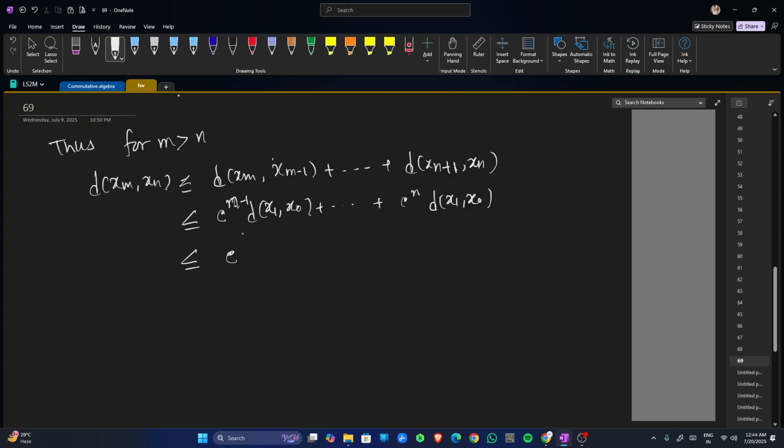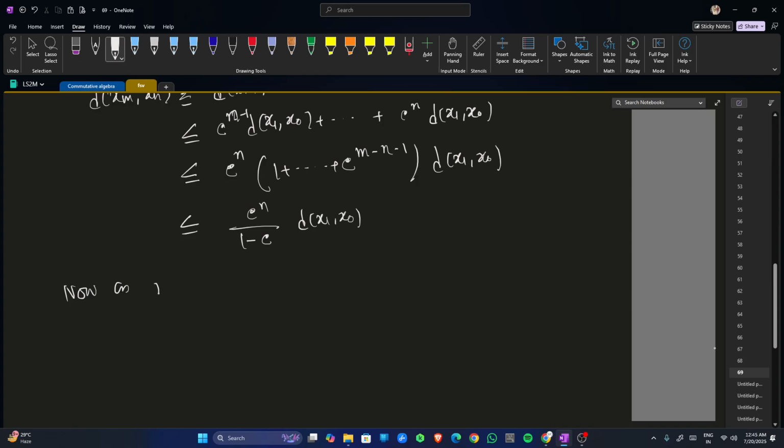If we take c^n common, this is c^n times (1 plus ... plus c^{m-n-1}), which is less than or equal to c^n over 1 minus c times d of x_1, x_0.